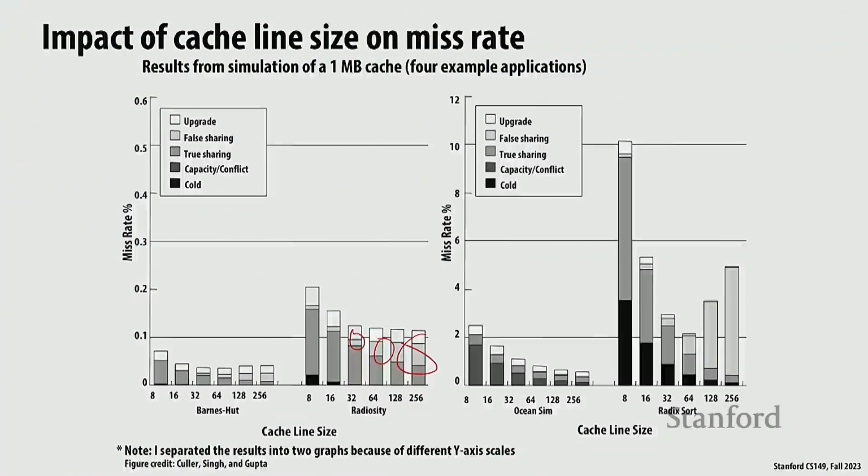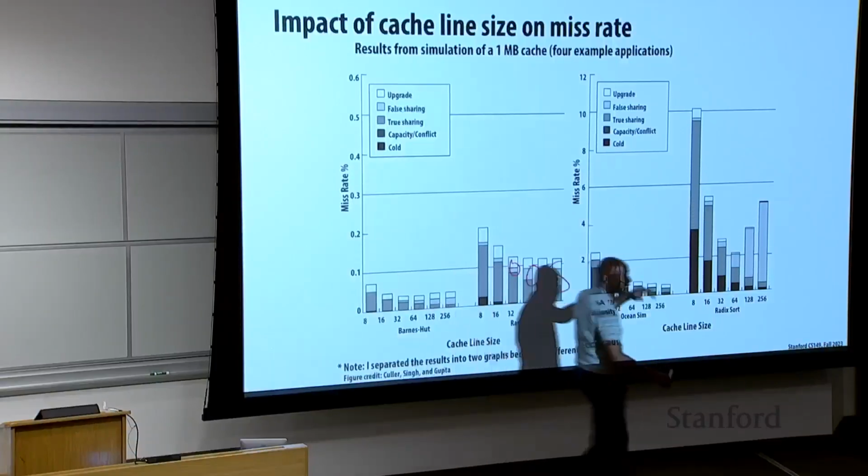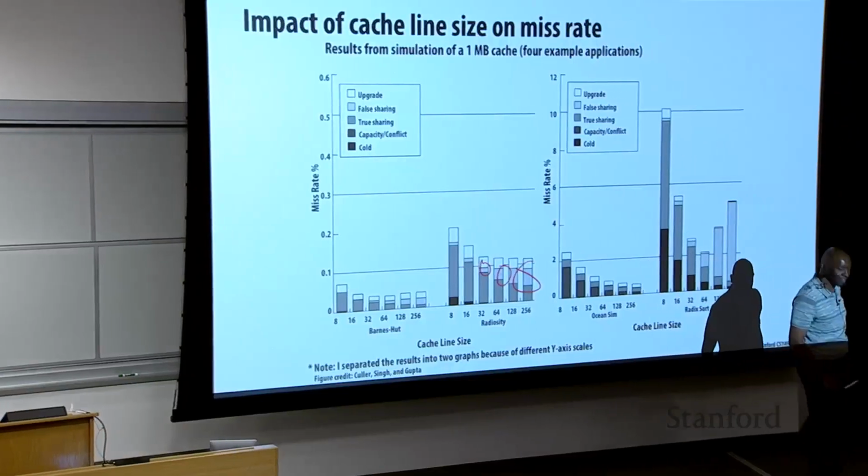In the benchmark example, why did radix sort start giving better performance with increased cache line size? It doesn't. It gets worse. There was a U shape, so it was decreasing earlier. We're looking at miss rate, right? So you're asking why does it go down and then up? You tell me.